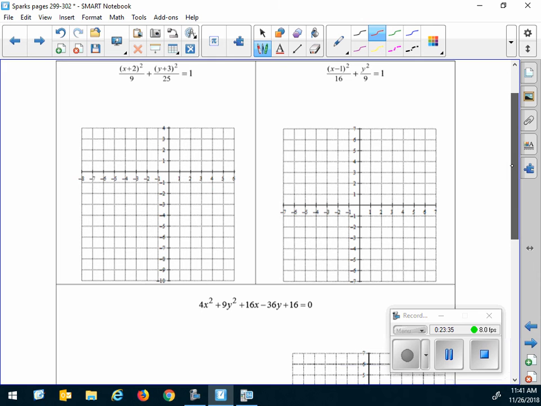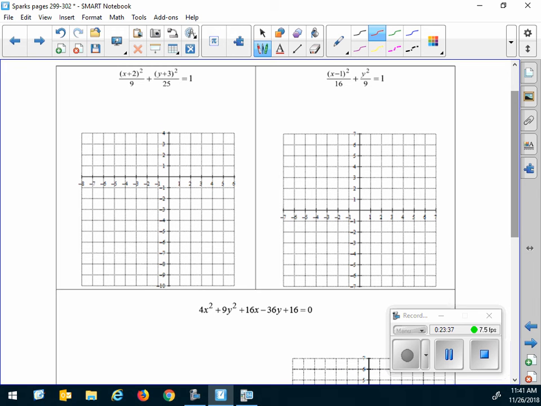All right, first question. What's the center of that ellipse? Negative 2, negative 3. Now, which way is this going to run? Is the major axis going to run vertically or horizontally? Vertically, because the stuff under the y is bigger.